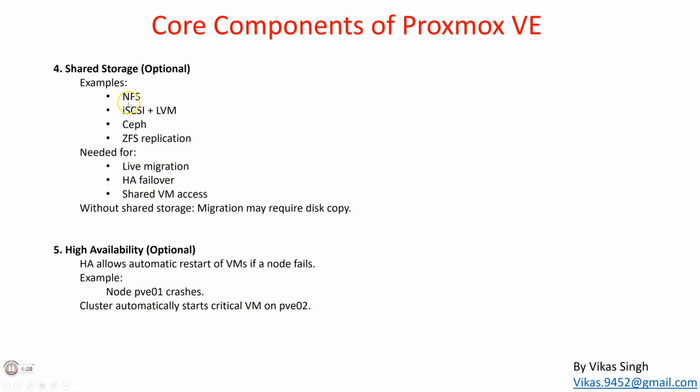For example, you can use NFS, Ceph, iSCSI, ZFS replication and so on. Without shared storage, migration may require a disk copy on each Proxmox VE host. Then you have high availability. This is also optional, but HA allows virtual machines to automatically start on other nodes in case any node in your cluster infrastructure fails.